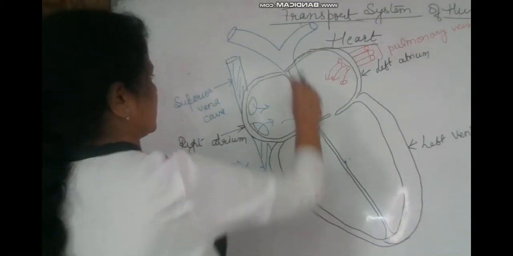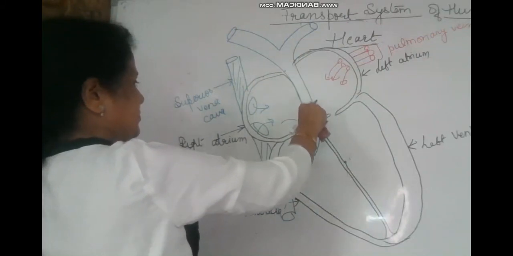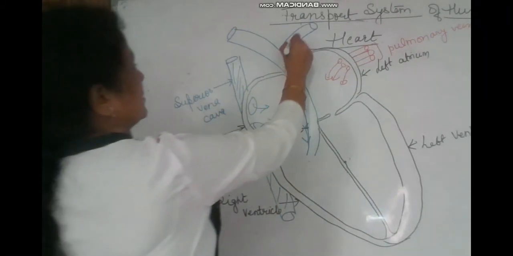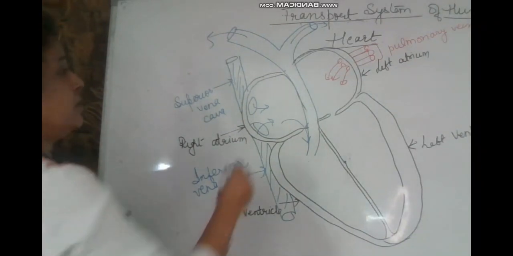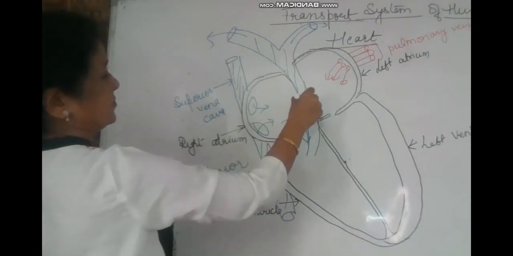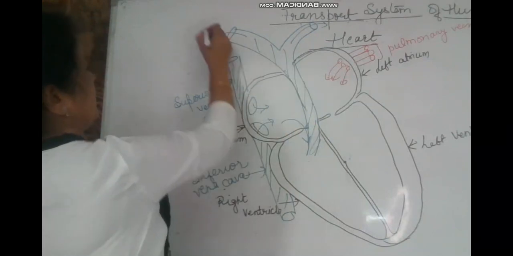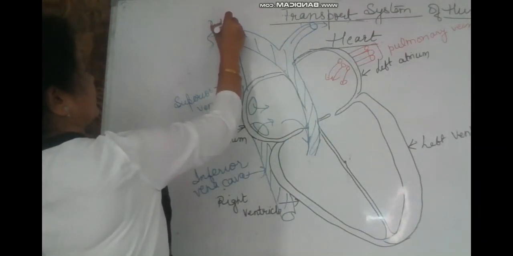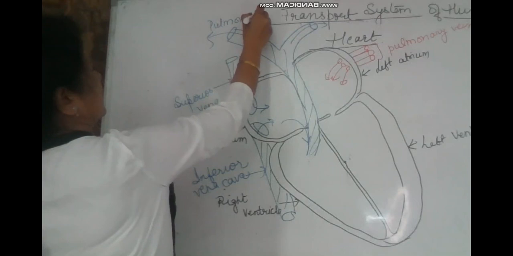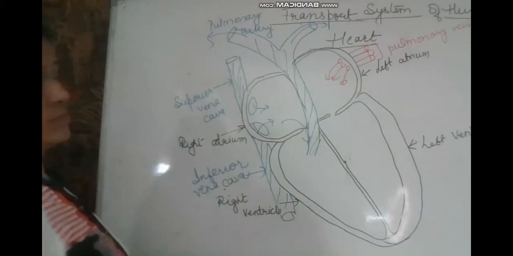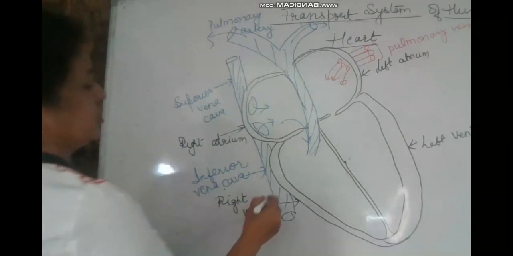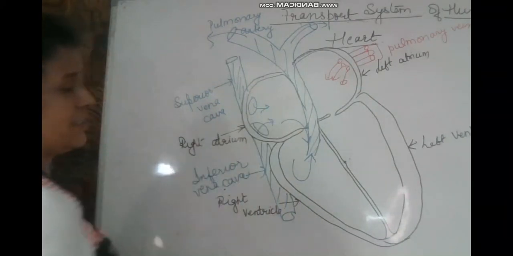Okay, so this is the pulmonary artery. Like this. Again, this is carrying deoxygenated blood. Pulmonary artery. So now the blood will go like this.